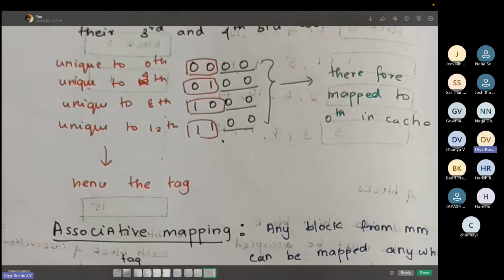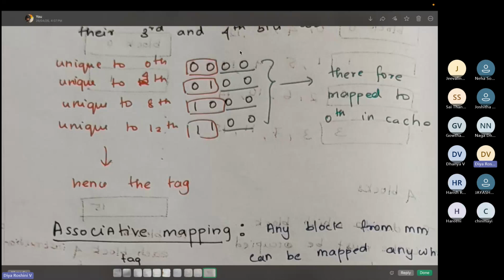So the power of 2 determines how many bits are needed to set the cache field, basically the bits that identify the block in cache. So we have 4 spaces in the cache, 2 power 2. The mod is going to give me the last 2 digits of my binary. So the last 2 bits tell me which block in the cache I have to go and search.